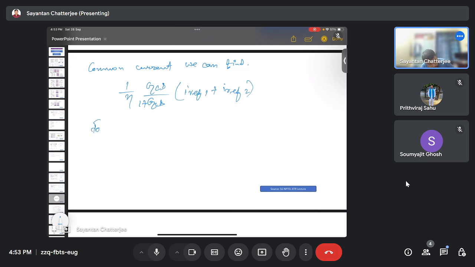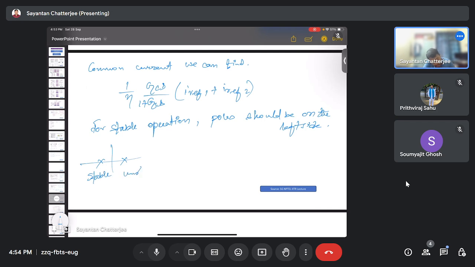So for stable operation, we all know that poles should be on the left side. According to the zone of potential stable, unstable, if it is on this line, we all know it is marginally stable.